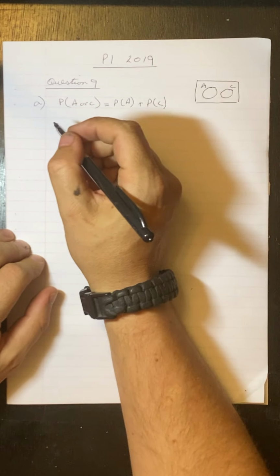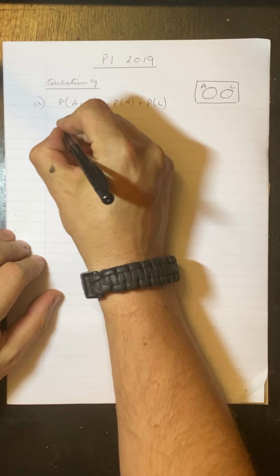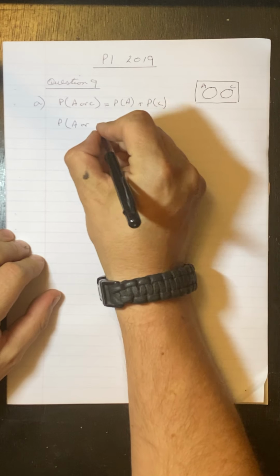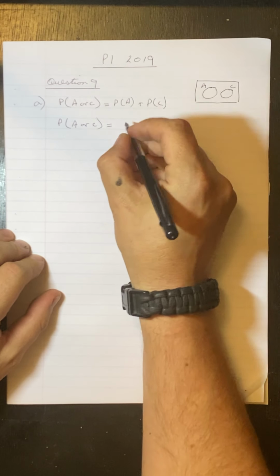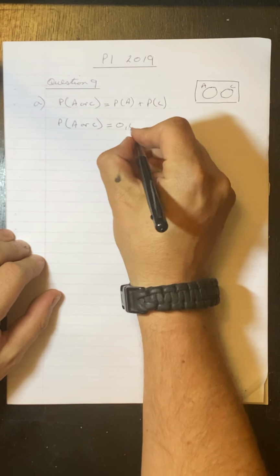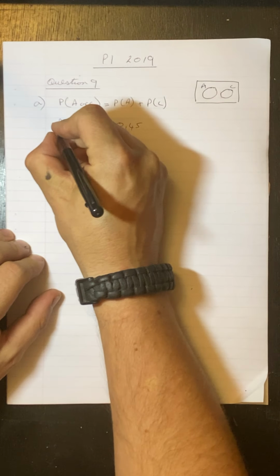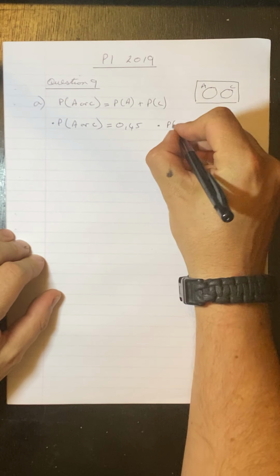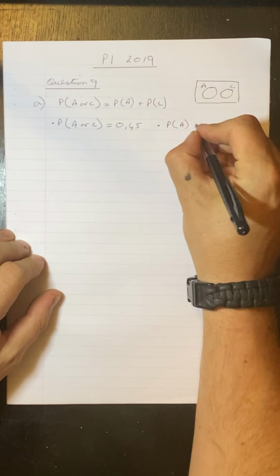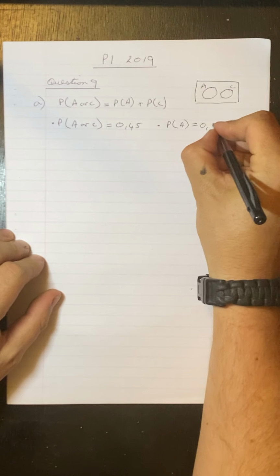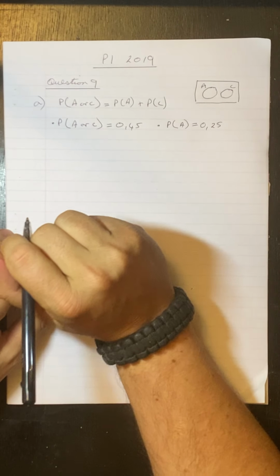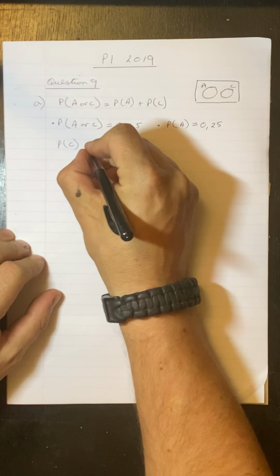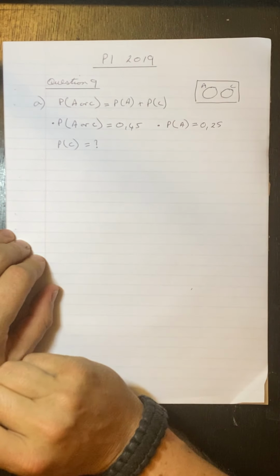They've also told us that the probability of A or C is equal to 0.45, and the probability of A is equal to 0.25, and they want us to find what the probability of C is equal to.